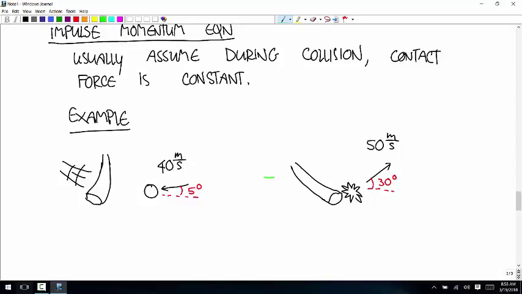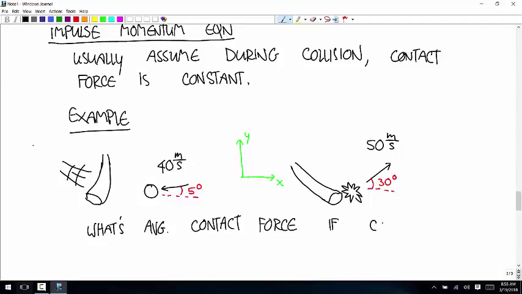And we're going to use a coordinate system with the y-axis up, the x-axis horizontal. What's the average contact force if the contact lasts 0.008 seconds, so 8 milliseconds?